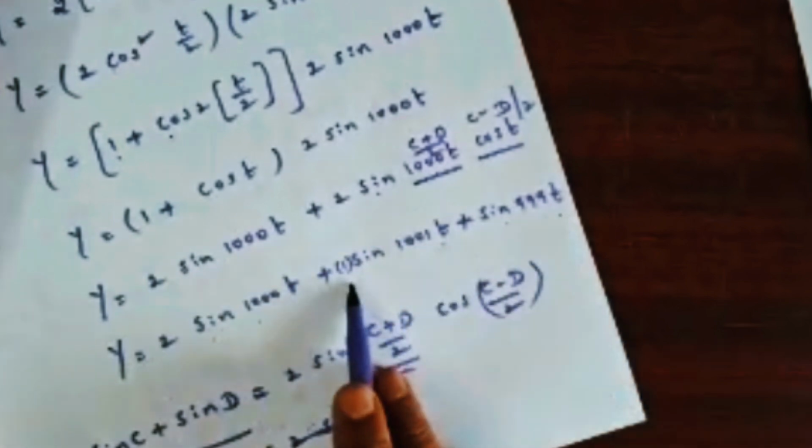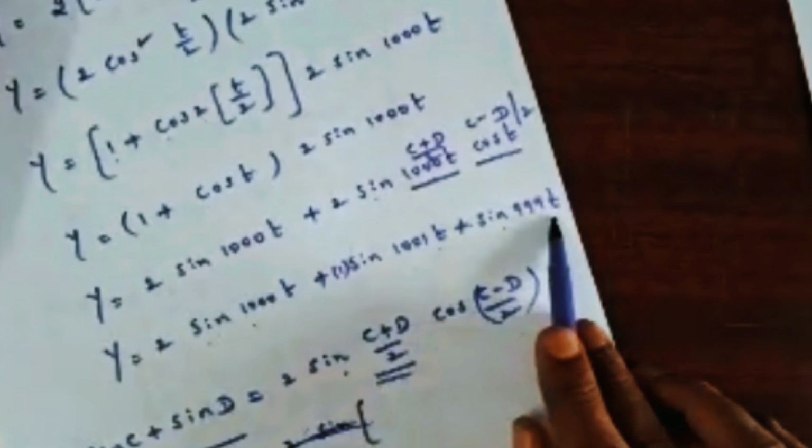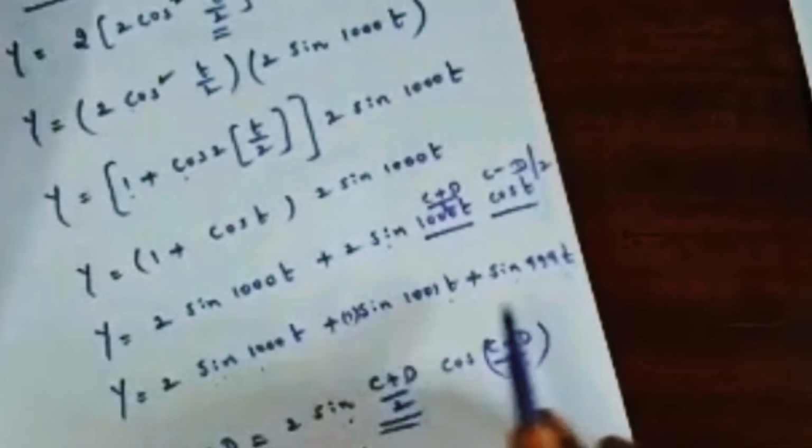If you pronounce 1 or not, no problem. Simply we take 2 sin 1000 t plus sin 1001 t plus sin 999 t. Thereby, this equation consists of three independent simple harmonic motions. Like this, we can solve this problem.